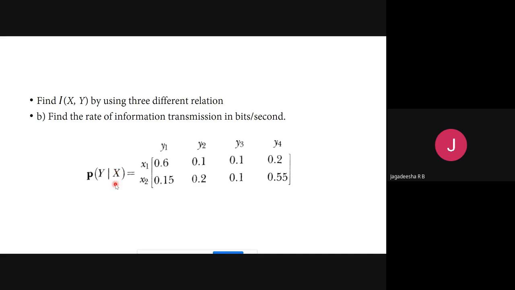Using this, we need to find out different entropies, because our main question is to find out I(X;Y). To find that, we have an equation, right? In that equation, we have all the entropy terms. And it also says that you have to find it using 3 different relations.